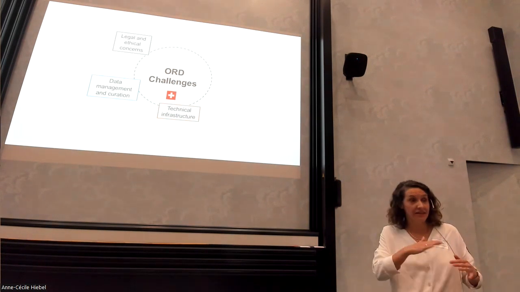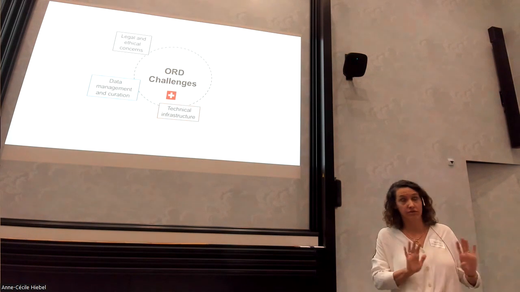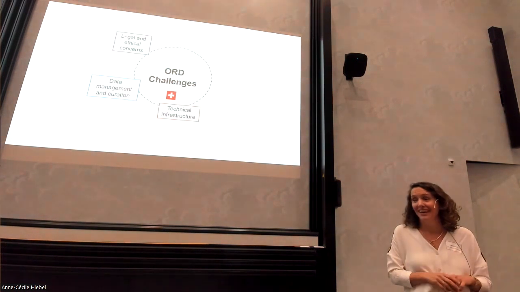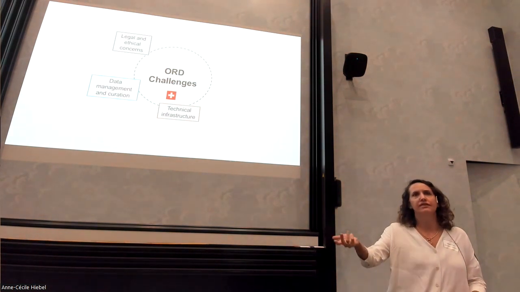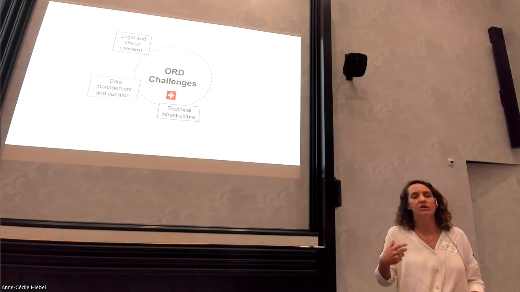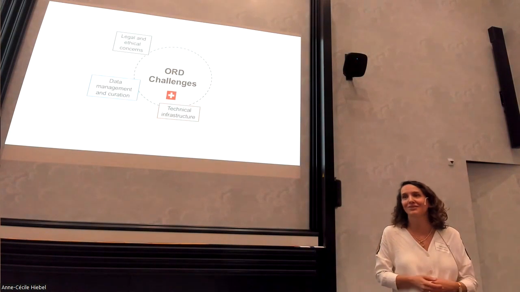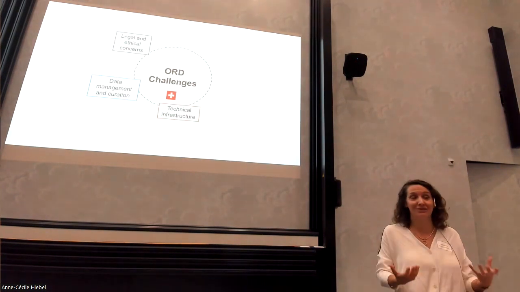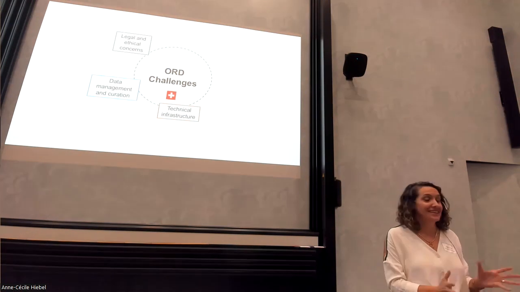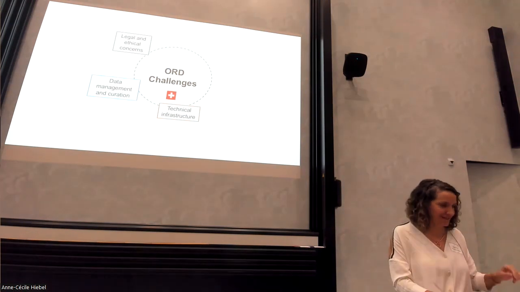And at the end of NCCR Robotics, we still couldn't find a solution for that. It was expensive. The researchers need to share the data with not only Swiss colleagues, but also colleagues outside Switzerland. So how were they supposed to share all these huge videos? It's unknown to me yet.